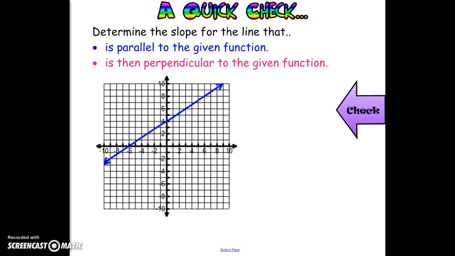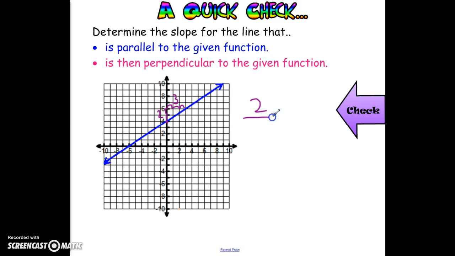And as just a quick little wrap up, this is something that you would actually have to be able to do. So I give you a graph, and I want to determine the slope for the line that is parallel to the function and then perpendicular to the function. So it's all about the slope. So this slope goes up 2 to the right 3.